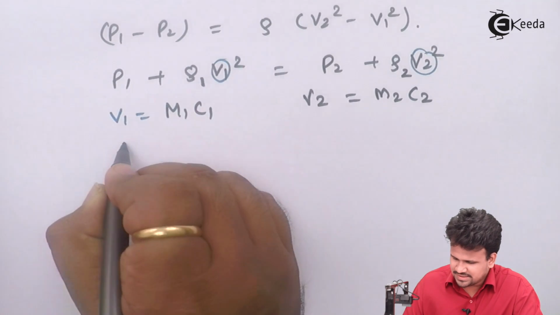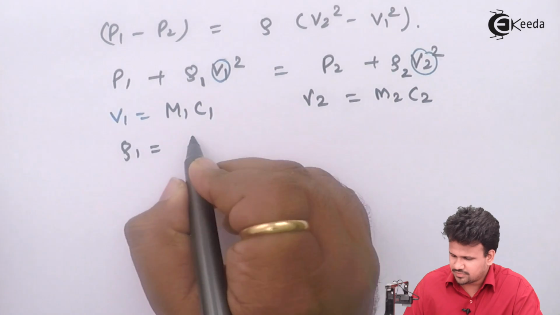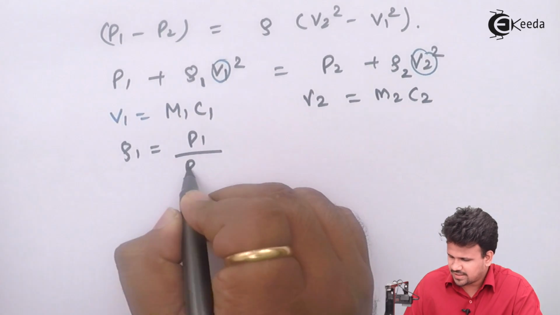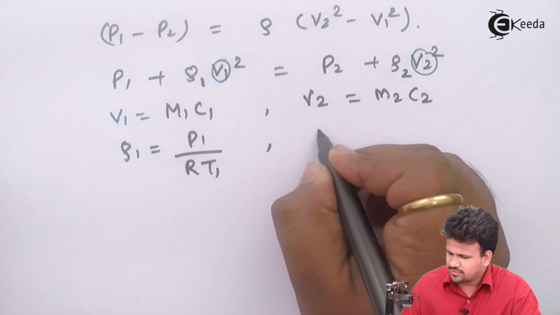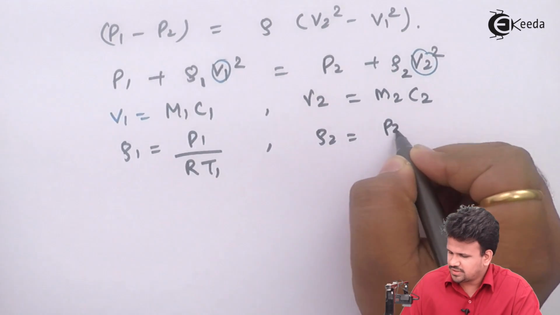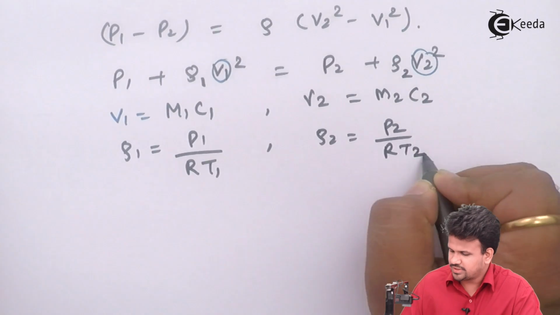Along with this, density can be written as rho 1 is equal to P1 upon R into T1, which we have seen in the previous sections, and rho 2 is equal to P2 upon R into T2.